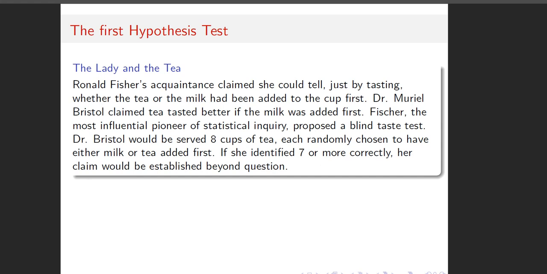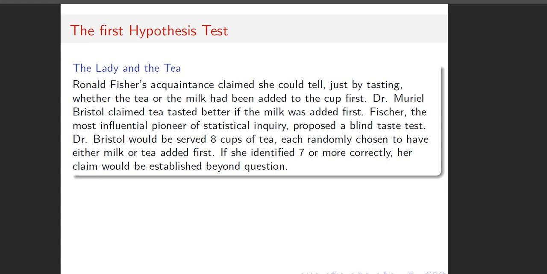And Ron Fisher and his buddy are like, she can't tell the difference. I mean, they thought it was preposterous, but they decided to have a taste test. And so they gave her 8 cups of tea, and 4 of them were where the tea was added first, and 4 of those cups were where the milk was added first.